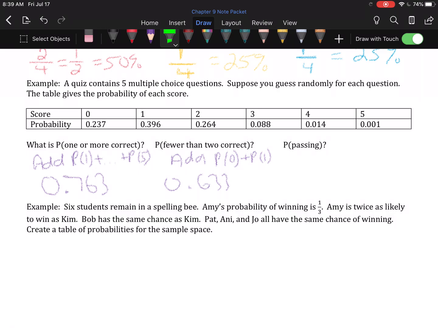Those are all failing grades. 4 would be 80%, and 5 would be 100%. So those are your passing grades. So to pass, you have to either score 4 or 5. So we're going to add P4 and P5. And when we do that, there's 0.015.